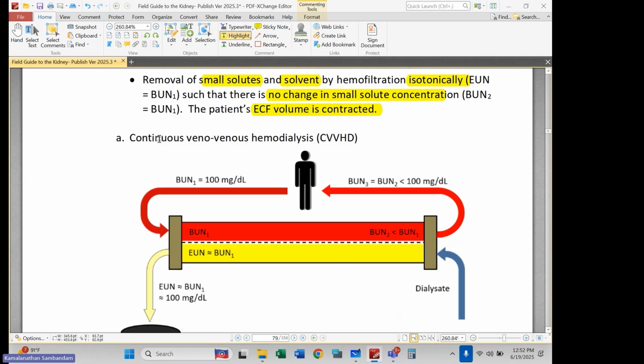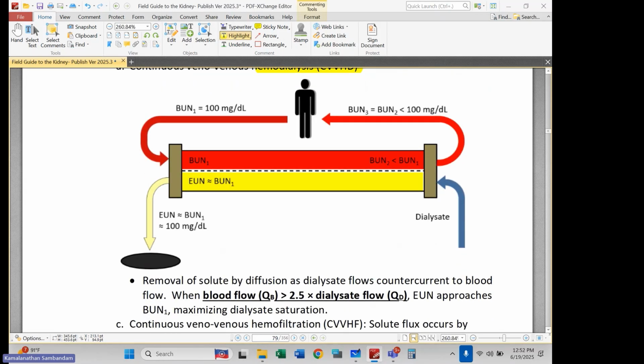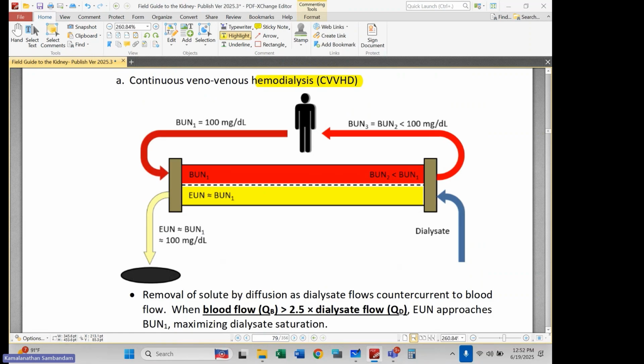Moving on to hemodialysis. In this scenario, it approximates what we're doing in intermittent dialysis with one major difference. In intermittent dialysis, remember the main determinant of urea flux is the blood flow rate. That's the biggest modifying factor for urea clearance.